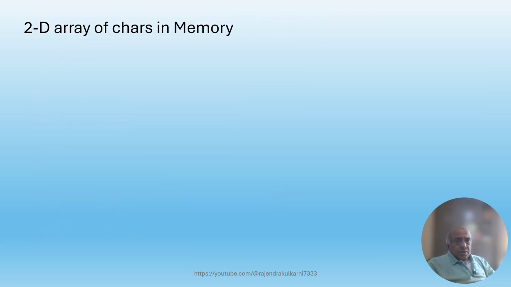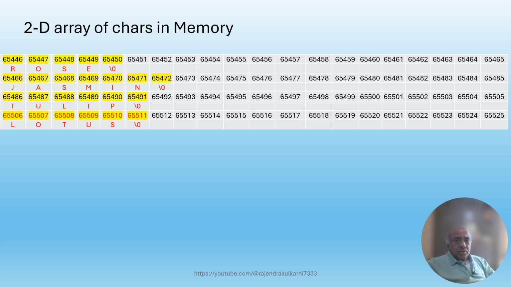In the memory location, what we see, this is the indicative memory location 65446. Then it has been allotted 20 bytes. So 65446, 47, 48 up to 65.